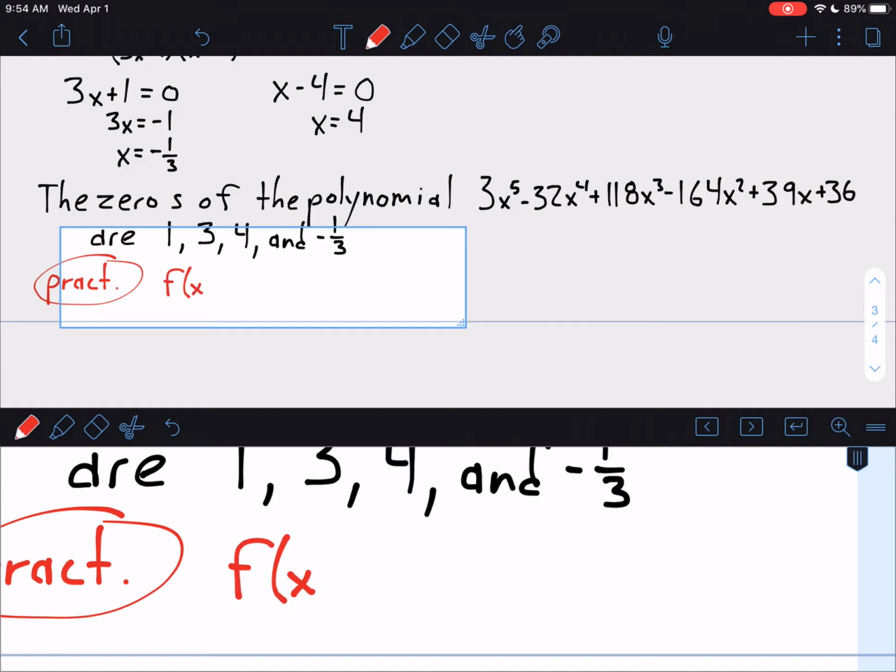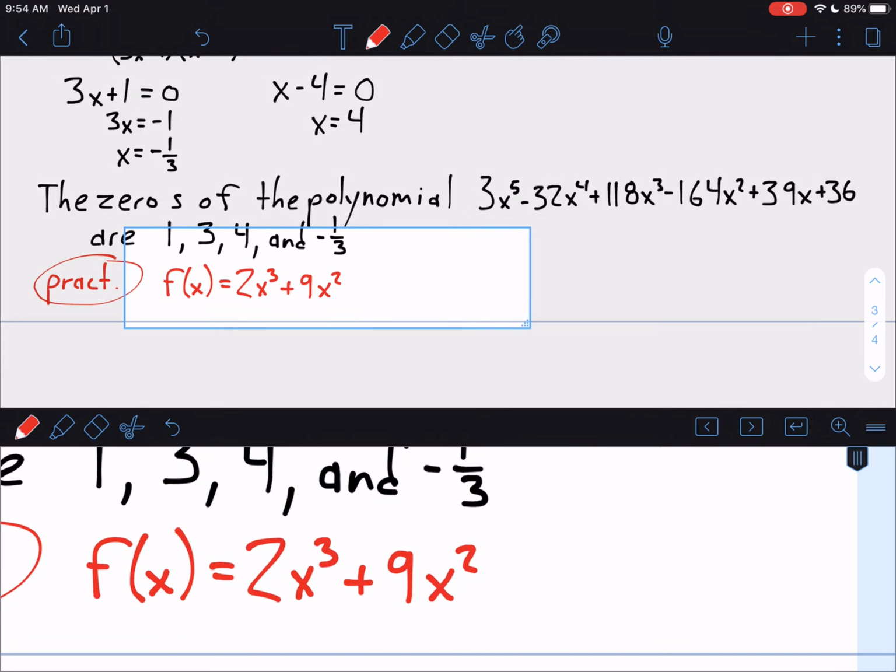So f of x equals 2x to the third plus 9x squared minus 2x minus 24. I want you guys to, well, first I want you to list all the p and q values.